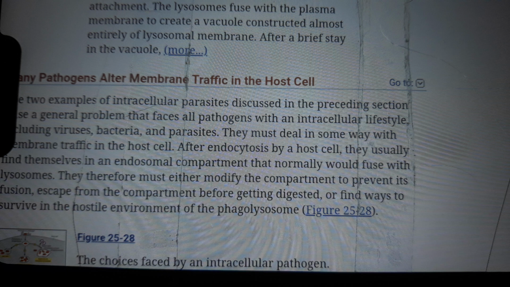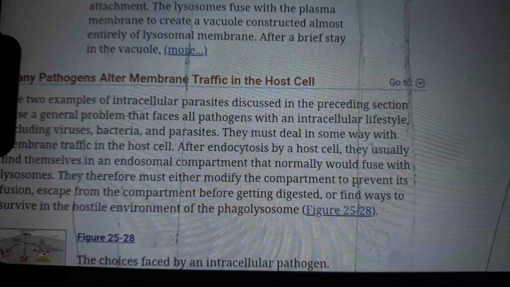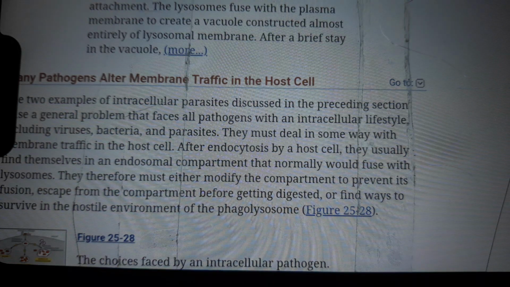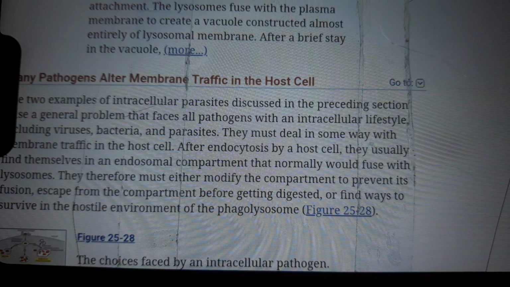Invasion of Trypanosoma cruzi. This parasite recruits host cell lysosomes to its site of attachment. The lysosomes fuse with the plasma membrane to create a vacuole constructed almost entirely of lysosomal membrane.